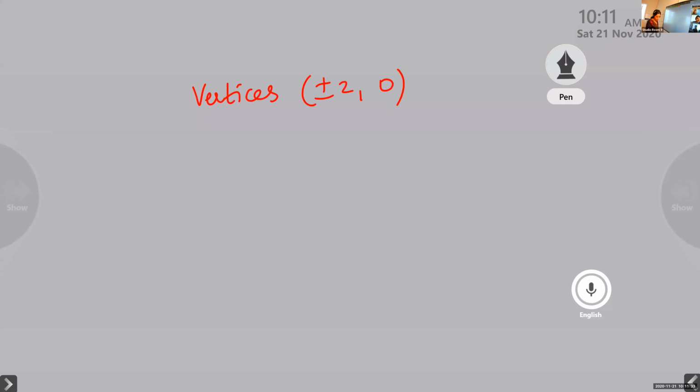Vertices plus or minus 2, 0 and foci plus or minus 3, 0.